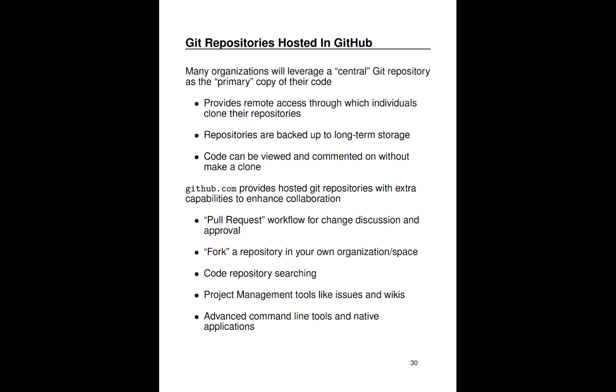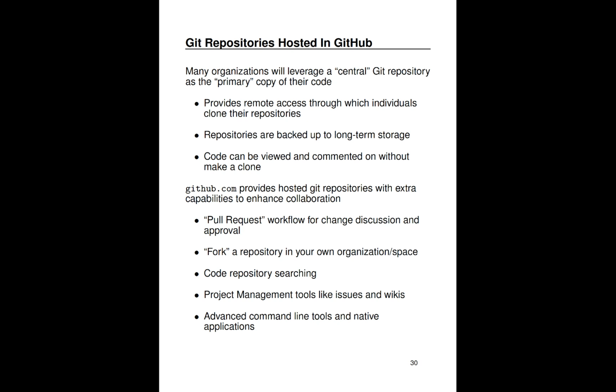It's really good stuff. GitHub also allows you to fork a repository into your own organization or personal space. So maybe there's a repository out there that you want to start experimenting with, and so you can make basically your own copy of it in GitHub, which then you can clone locally and work with.